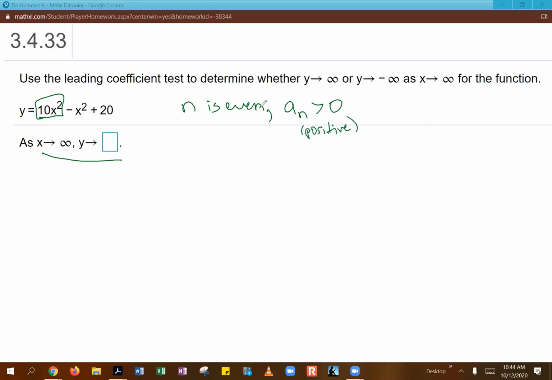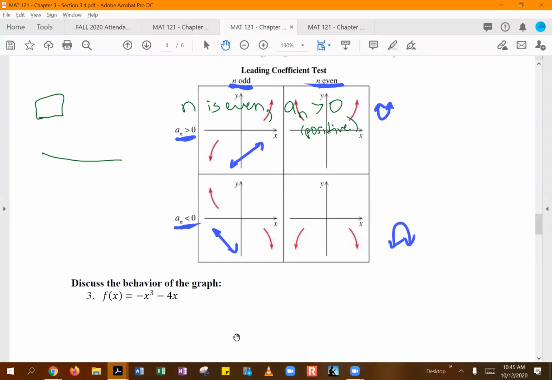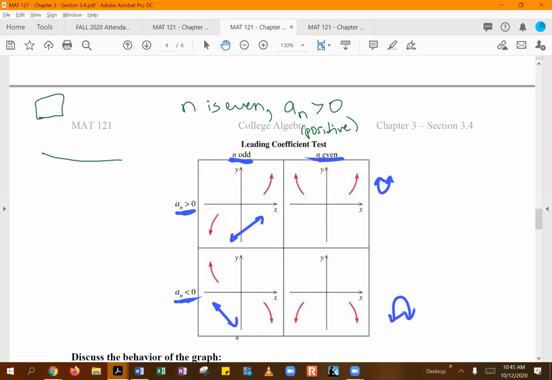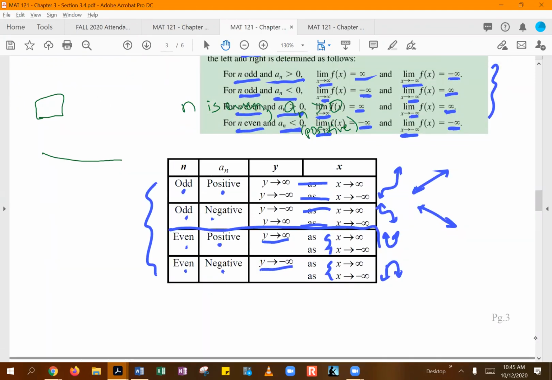We have an even exponent and a positive leading coefficient. Even and positive, of course, is going to be this option over here. So you can see when x is positive or x is negative, it doesn't matter. Your y is always going to go up to positive infinity.